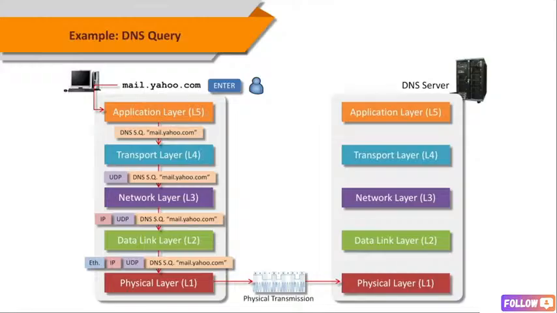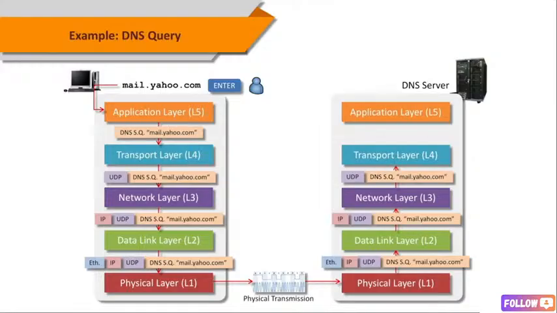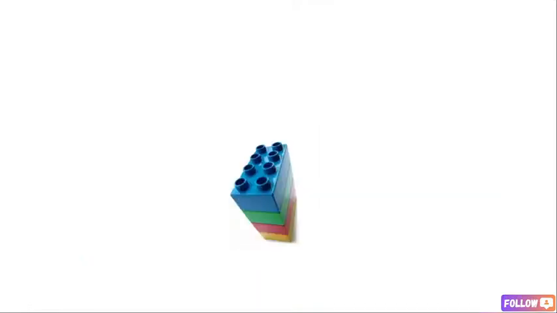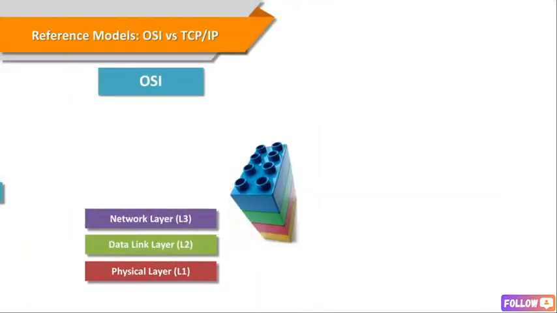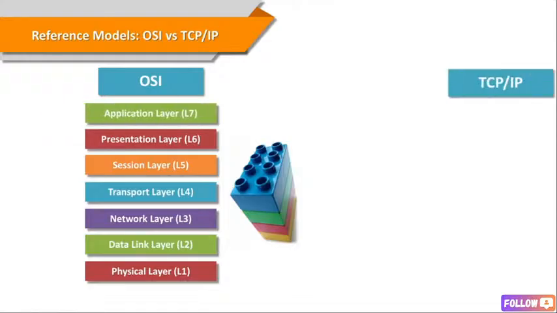The destination device, which is the DNS server here, receives the data, and this additional information is analyzed and then is removed as the data passes through the higher layers up to the application layer, where the data is decapsulated.